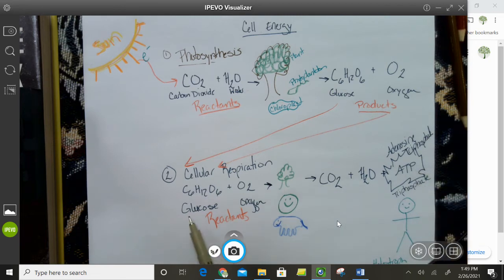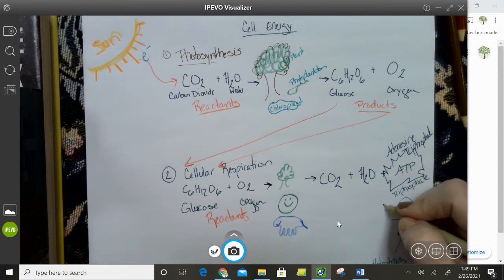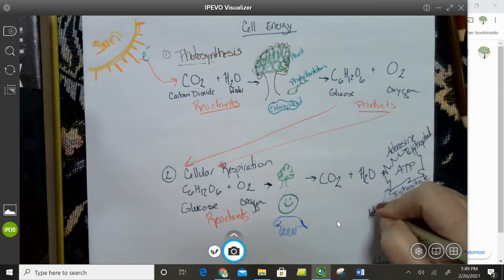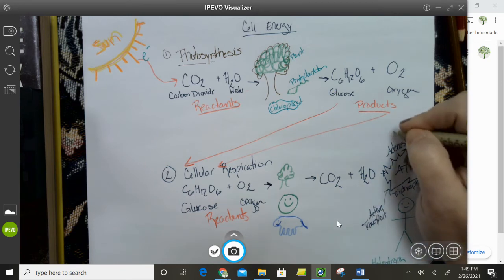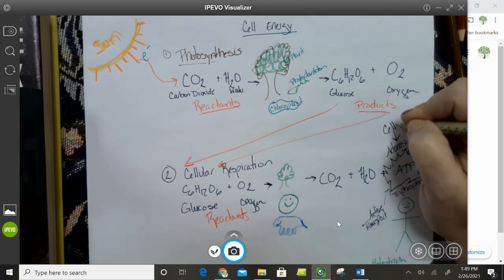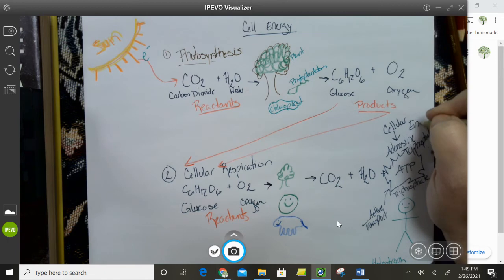So when you take in some glucose and you take in some oxygen, your body's creating the energy that your cells need to do those cellular things like we talked about, active transport. This is cellular energy.